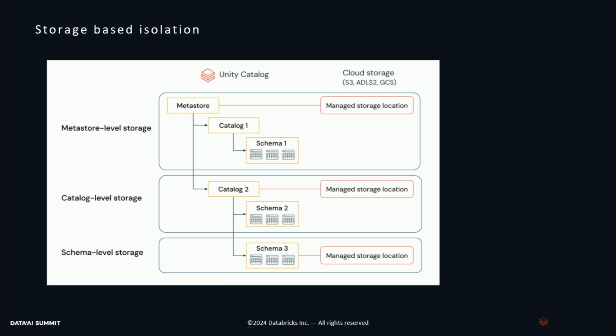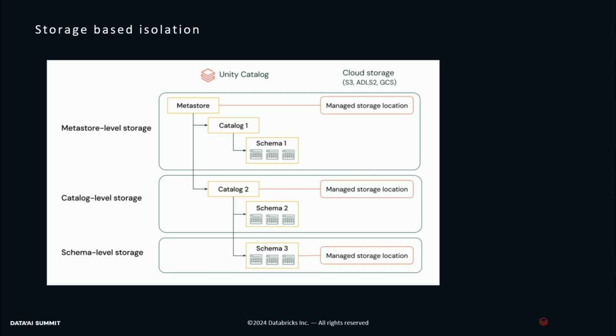here in the storage data isolation, data is physically separated at the managed storage location. So we achieve this by specifying a managed location at the metastore level, catalog level, and the schema level. So the system would evaluate the hierarchy for storing these locations from bottom to top, that is from the schema to the catalog and to the metastore.